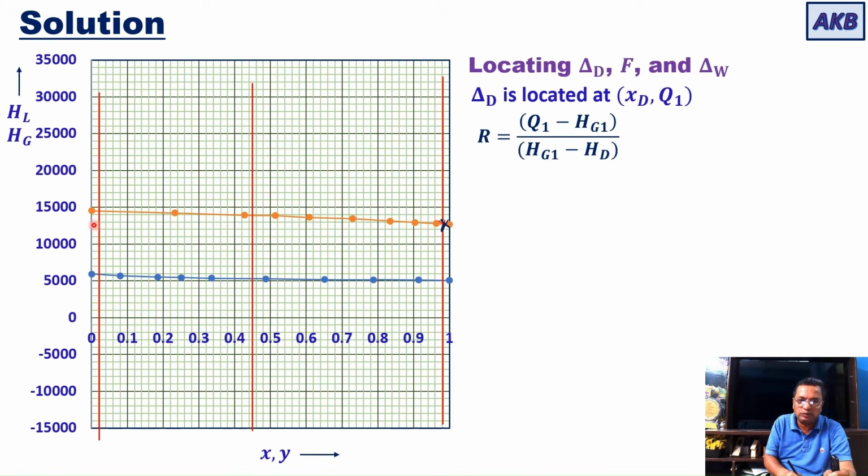The y coordinate of that point, that is the enthalpy at that point, is nothing but Hg1. So Hg1 is the enthalpy at the point where the vertical line through XD intersects the upper curve. Once you understand this, it is easy to understand how to get Hd. Hd is the enthalpy at the point where the vertical line through XD intersects the lower curve. So that is at this point.